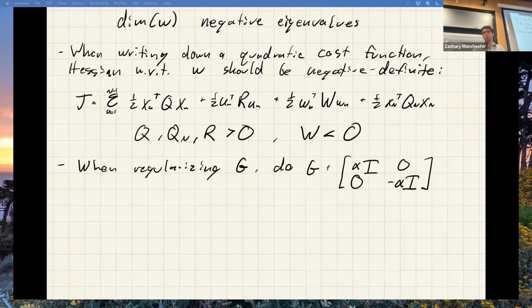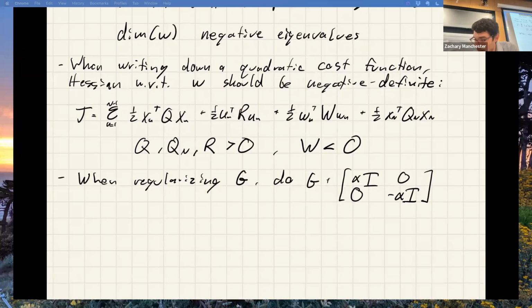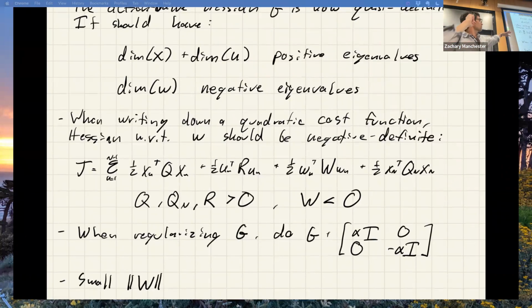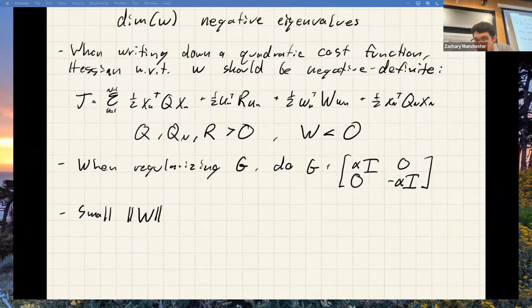Okay, and then interpreting that cost function a little bit: if the norm of the W term is small, so the diagonal elements of that big W are small, that's going to allow large disturbances.